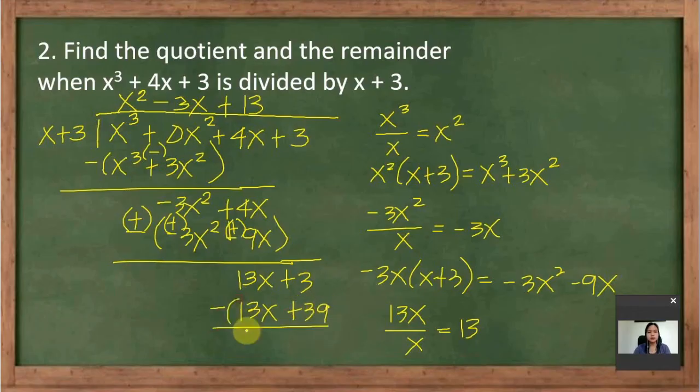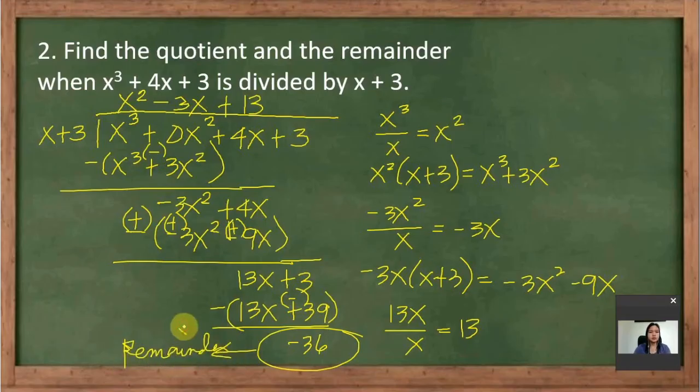Then subtract, so this is 0, 3 minus 39 is negative 36. So negative 36 is now the remainder. And the quotient is x squared minus 3x plus 13 minus 36 all over x plus 3.